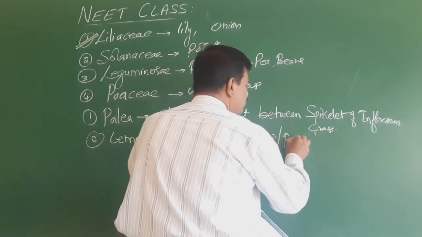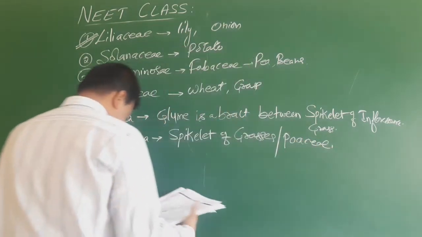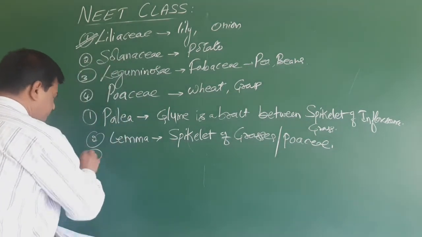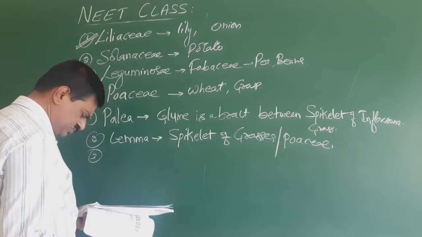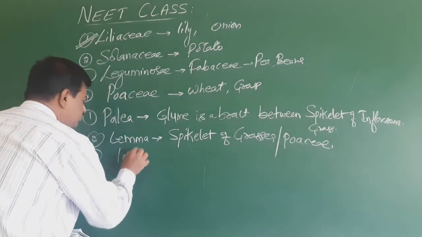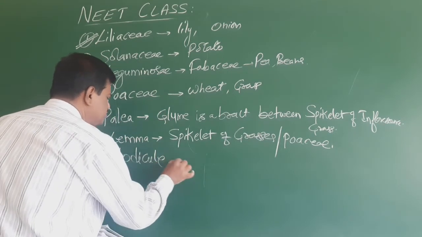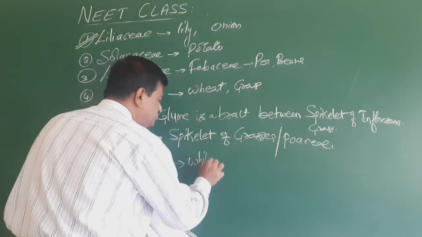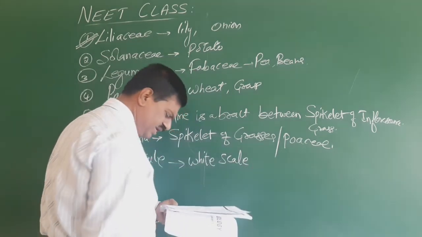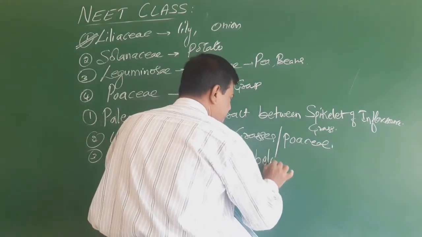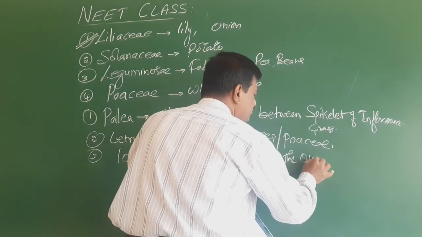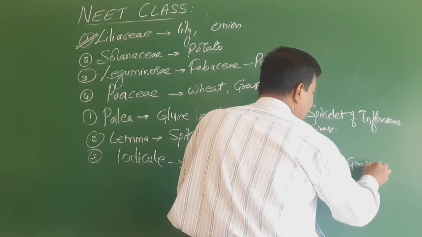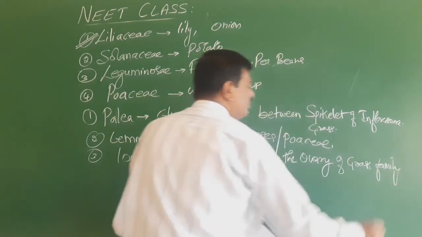Or called Poaceae. Grasses, Poaceae. And the third one is called lodicule. This lodicule is a white scale below the ovary of the grass family.